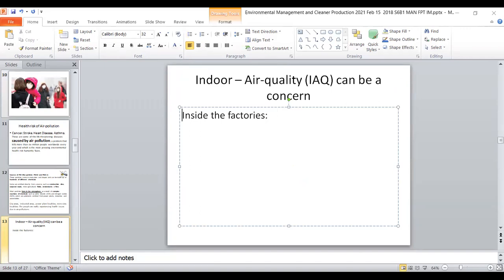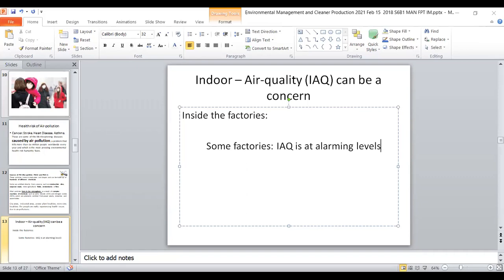Inside the factories, actually, not to say some, but many factories, like I think you have some experience because you underwent industrial training and exposure, IAQ is at alarming levels.